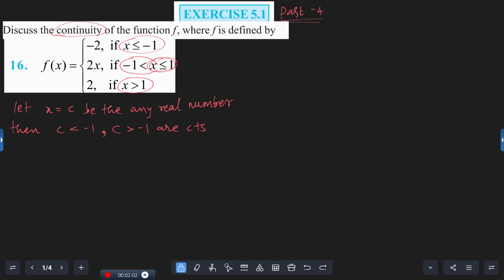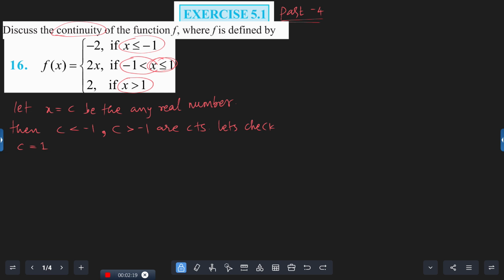Directly I am going to check c equal to 1. Let's take c equal to 1 directly, like how we do discontinuity, like that I'm moving now. Right.